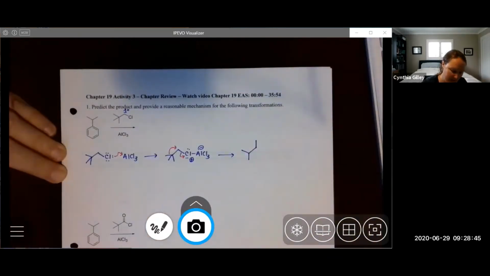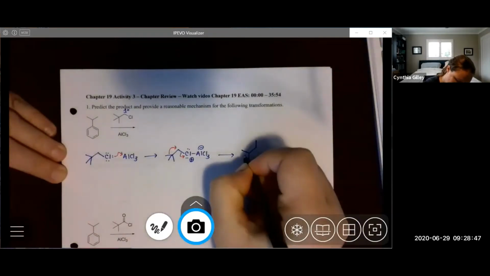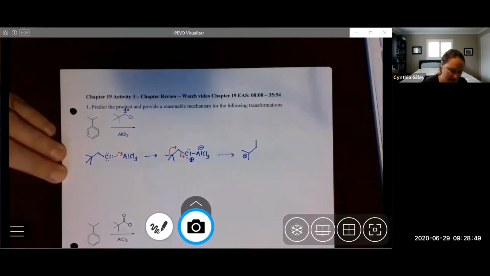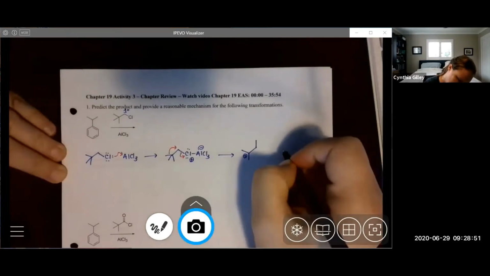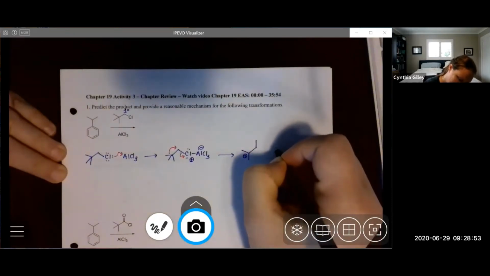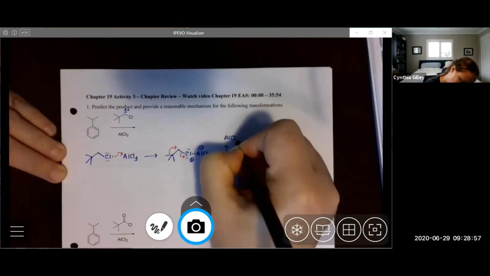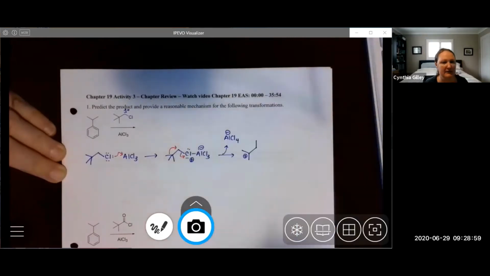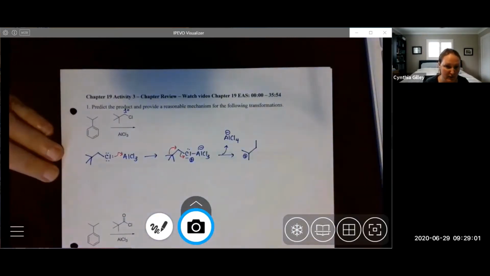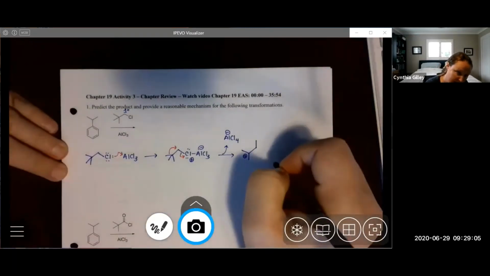Once I have done the methyl shift, I end up with a tertiary carbocation and the byproduct, the aluminum tetrachloride base leaving group. So from here, we can get our aromatic ring involved.